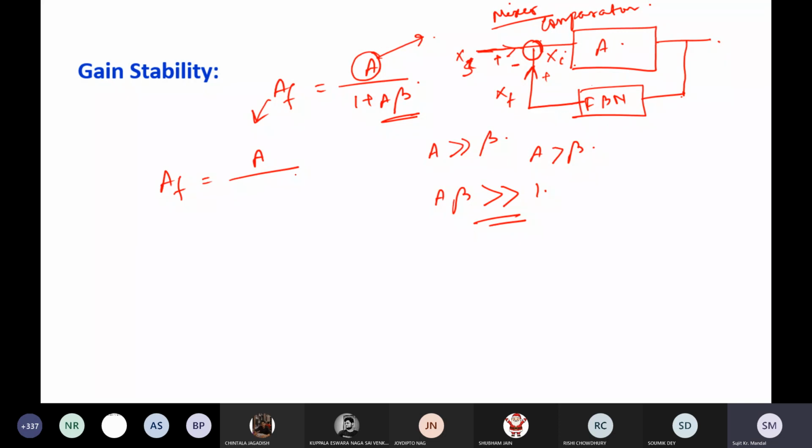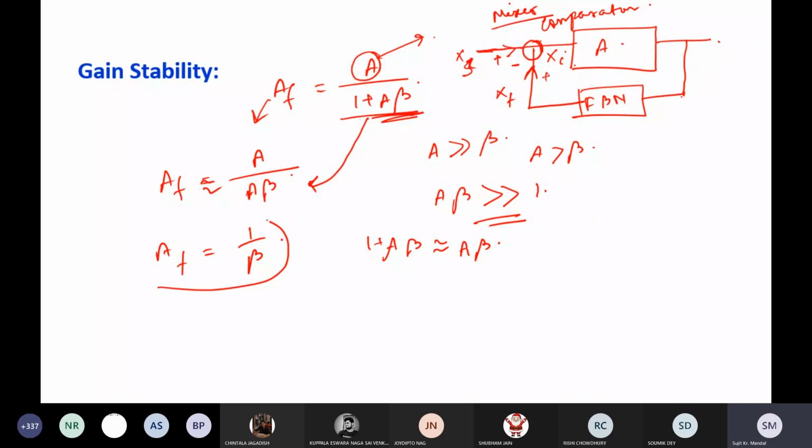When A beta is very, very greater than 1, then 1 plus A beta we can approximately write as A beta. So AF is approximately equal to A divided by A beta, which is given by 1 by beta.